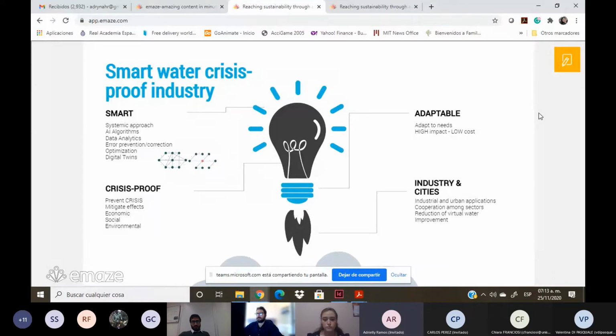So making this adaptable technology and also a scheme will provide important results. Also, by managing a smart water industry with a system approach, artificial intelligence algorithms and data analytics will prevent errors and will also help correct them.